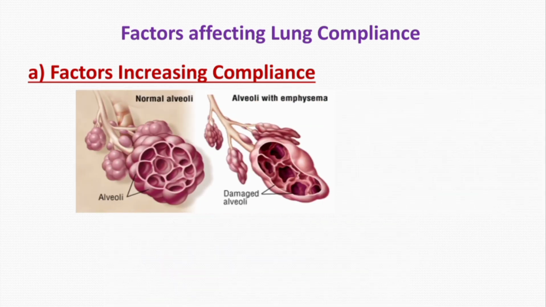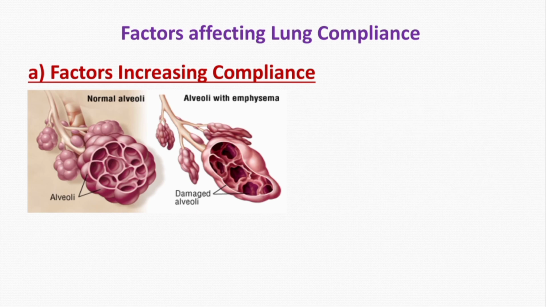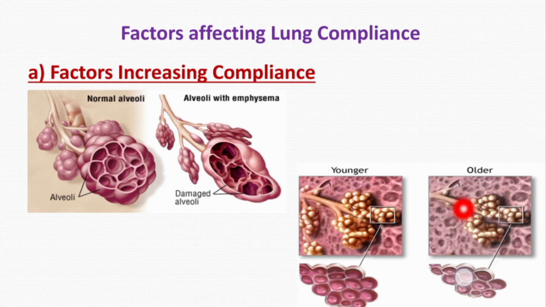Then there are certain conditions like emphysema, a lung disease, and also old age, in which the compliance of the lungs increases, because in both of these conditions there is loss of elastic tissue from the lungs, and we know that elastic tissue is an opposing force to lung compliance.